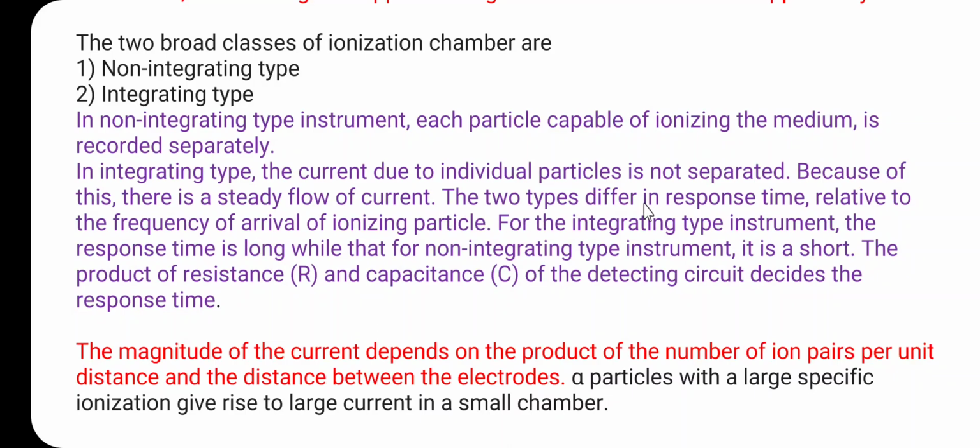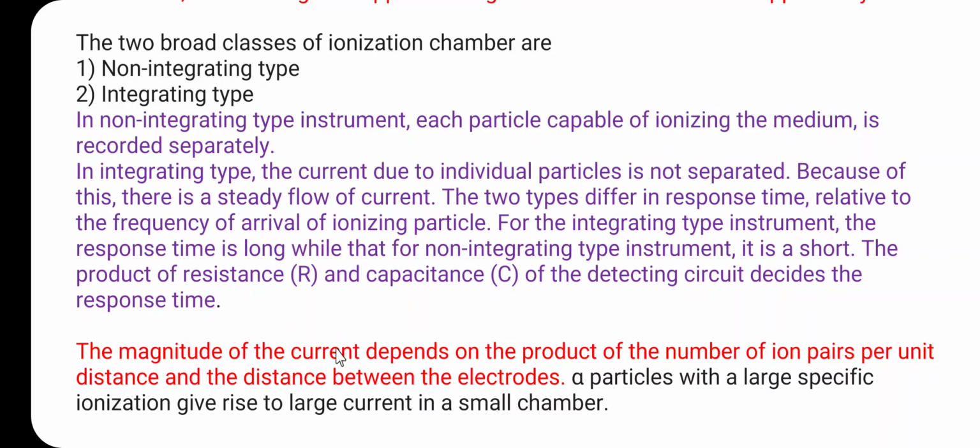The two types differ in the response time relative to the frequency of arrival of ionizing particles. For the integrating type instrument, the response time is long, while for the non-integrating type instrument it is short. The product of resistance R and capacitance C of the detecting circuit decides the response time.